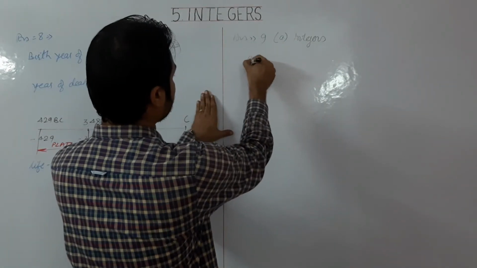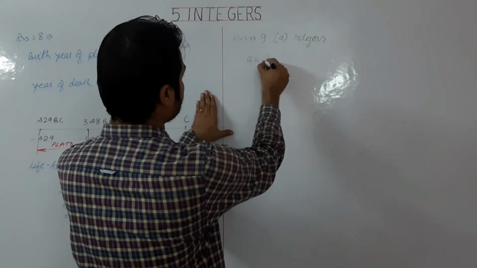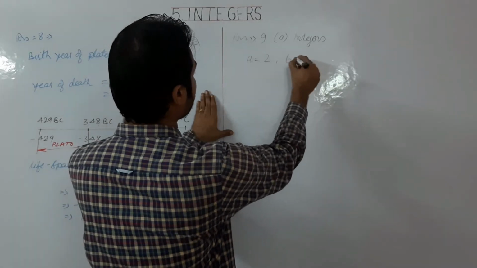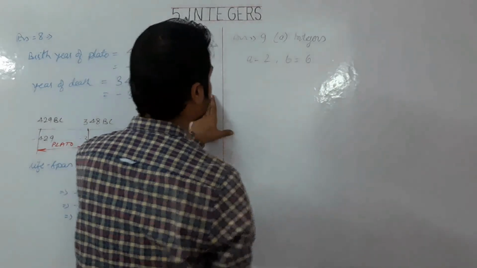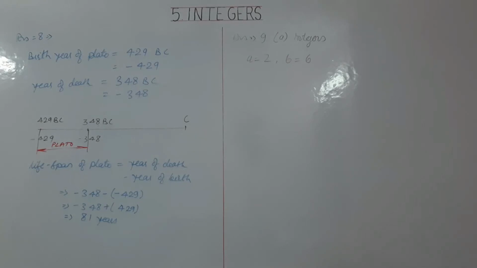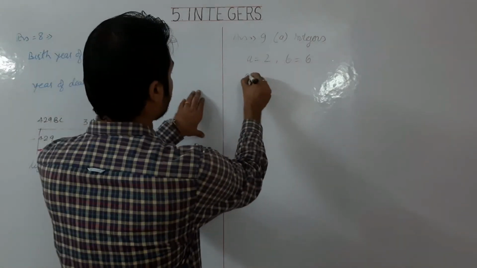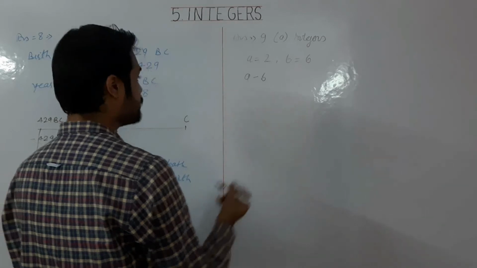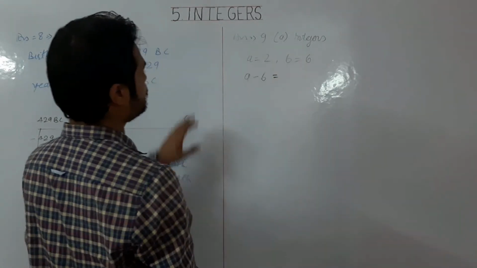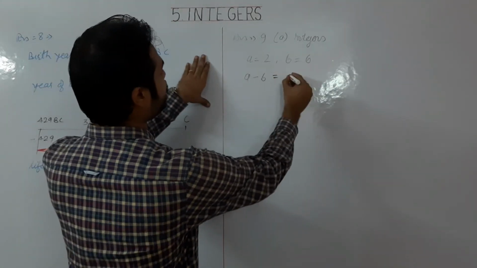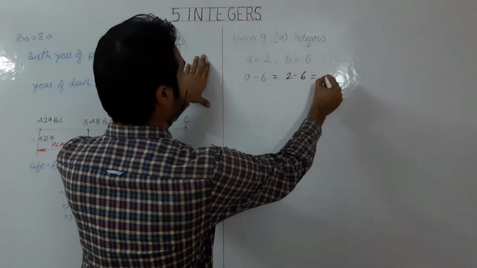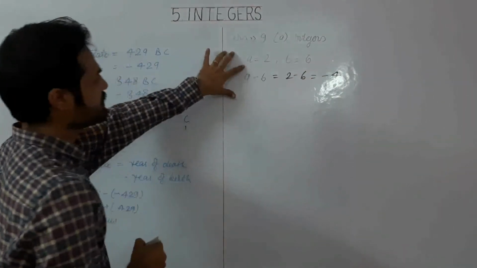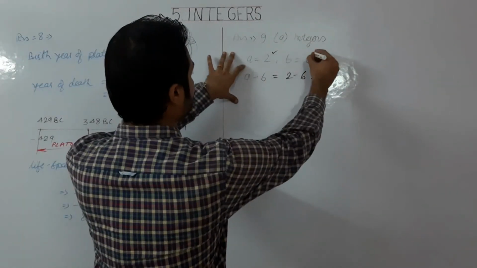Assume two integers. Say a is 2 and say b is 6. These are two integers, positive or negative. Now perform subtraction, a minus b. 2 minus 6 is minus 4. 2 is an integer? Yes. 6 is also an integer?